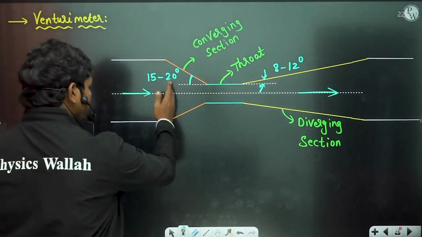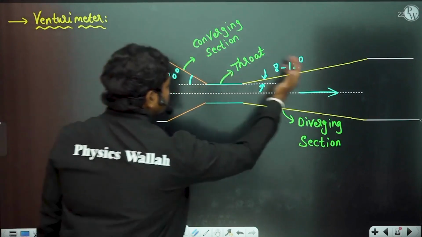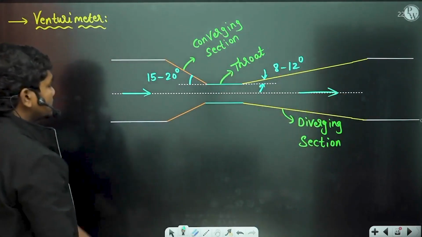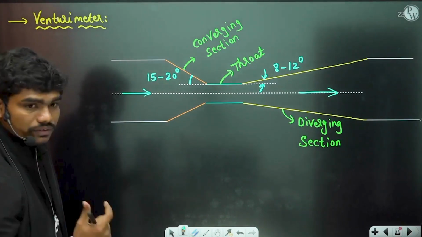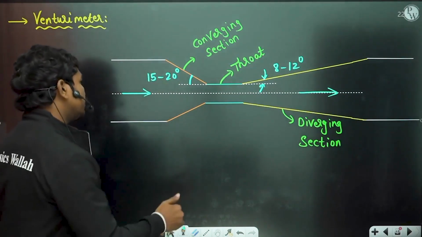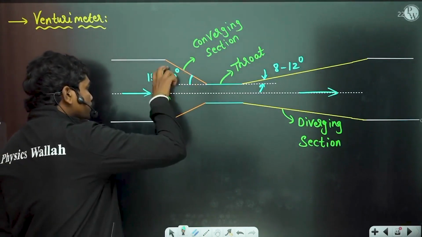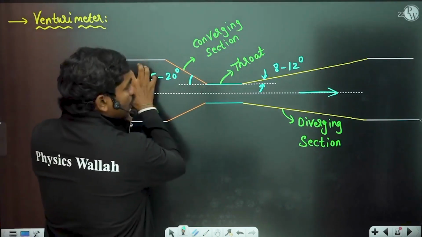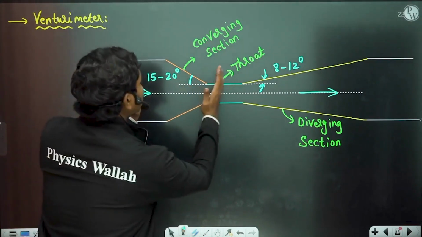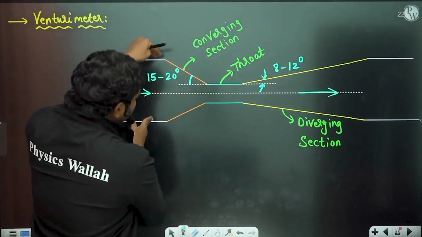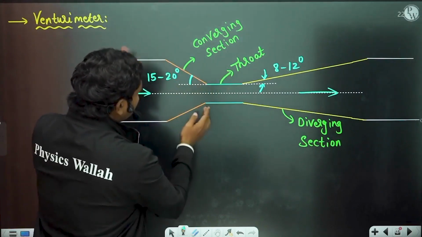Upstream is before and downstream is after that particular point. So in this upstream direction, if you have the converging section, within a small length the area of cross section decreases very rapidly, correct? Within a very small length, the cross-sectional area decreases from this value to this value very fast.